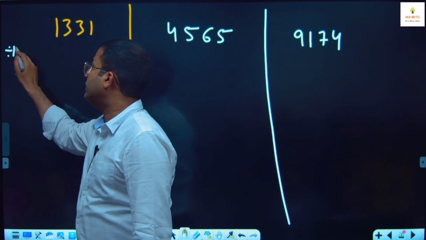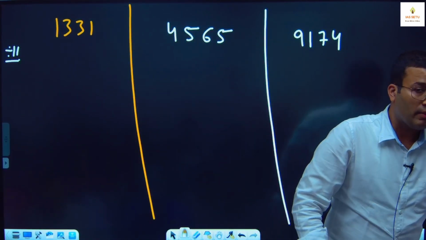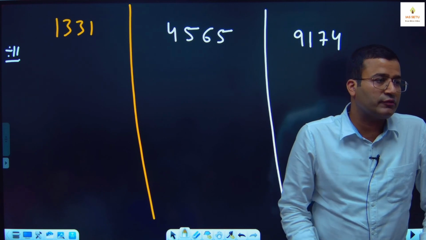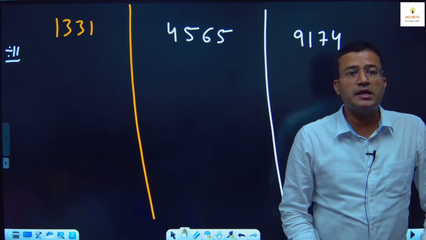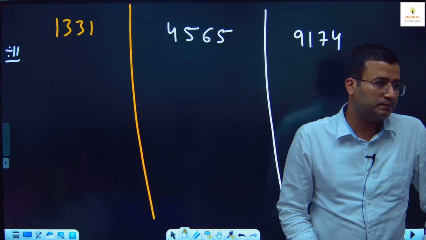Now for divisibility of 11, we have 3 steps. Might be school days you have attended your physical education classes where your PT teacher asks you, let's play a game today and let's divide the class in 2 teams.